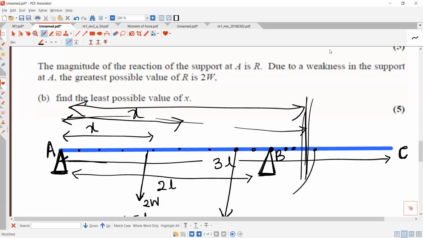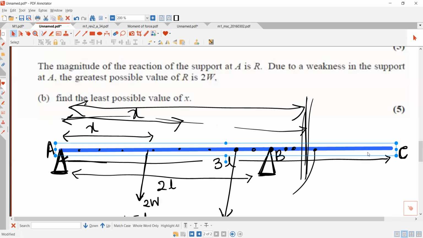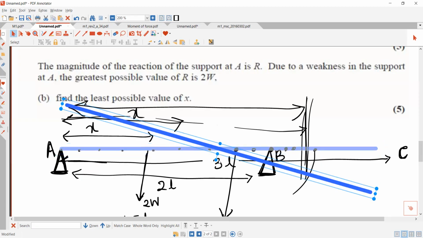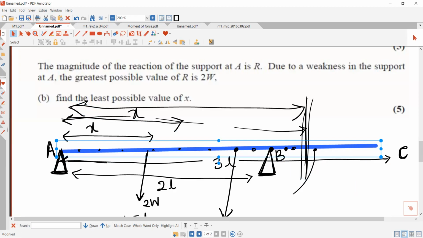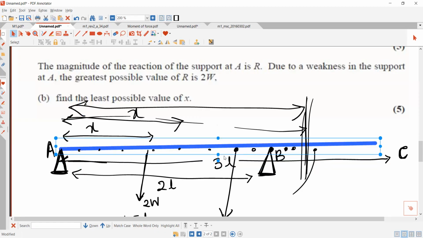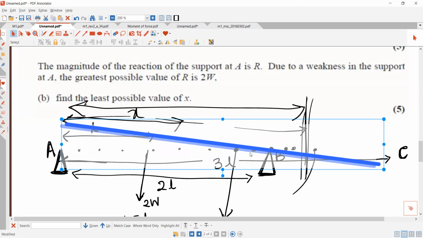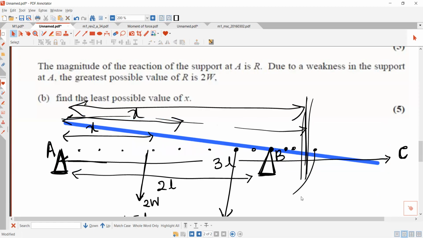Remember yesterday I said that this particular flank will become something like this. Understood what I'm trying to say? It is definitely common sense. Online people, you guys understood?